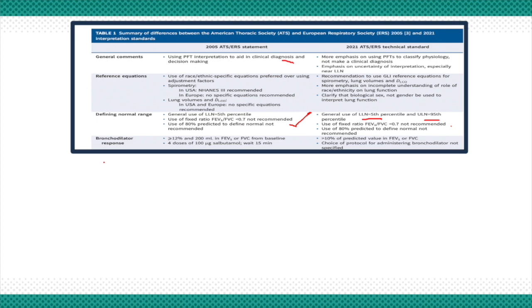The 2021 guidelines take away that, and they recommend that a change of more than 10% of the predicted value is a good response, and there hasn't been any specification on choice or protocol for bronchodilator according to the recent guideline.